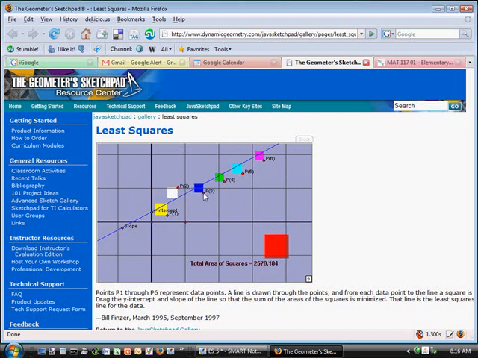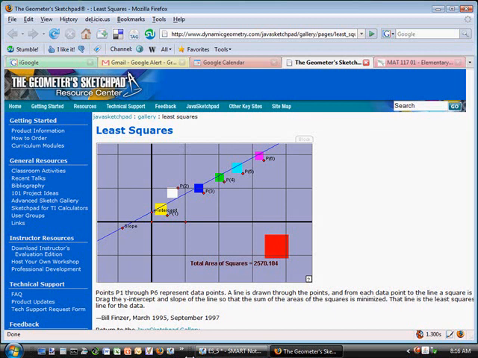Well, the red square is getting nice and tiny, and the tinier that red square is, the better our line fits the points. And so it's actually a graphic view of all these squares being added up, and you want that to be as tiny as possible. I thought that was kind of a neat way of showing you that.